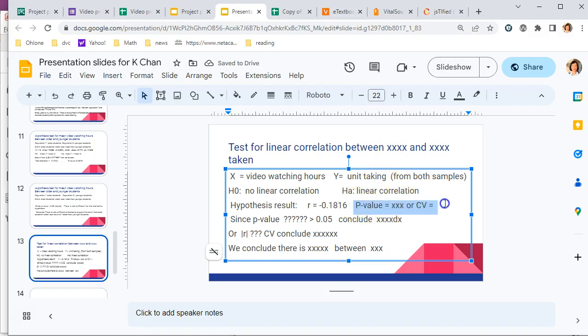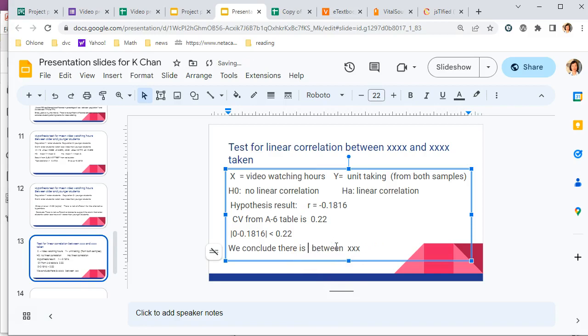We don't have a p-value, so maybe we just use the CV from the A6 table, which is 0.22. The absolute value of negative 0.1816 is less than 0.22, so we conclude there is no linear correlation.